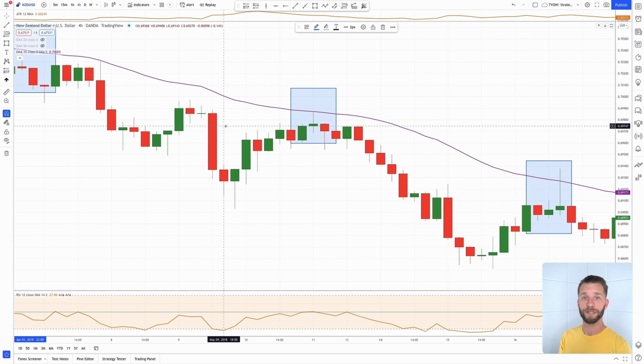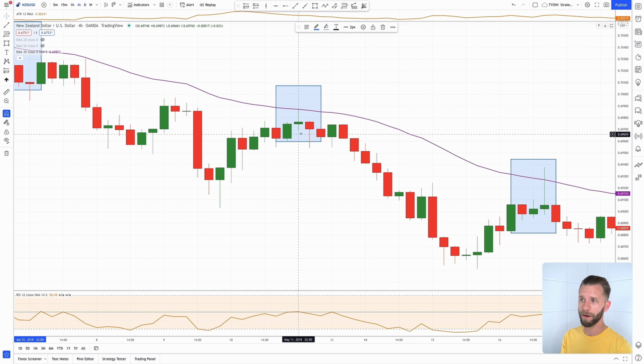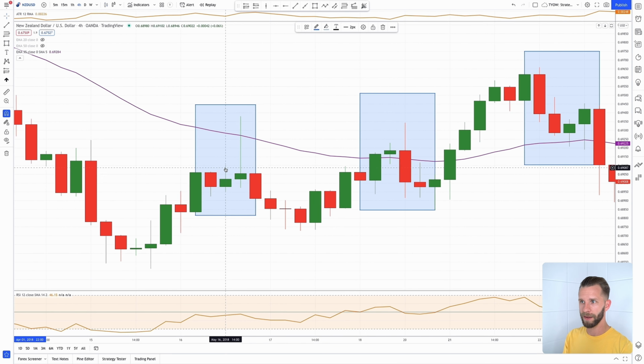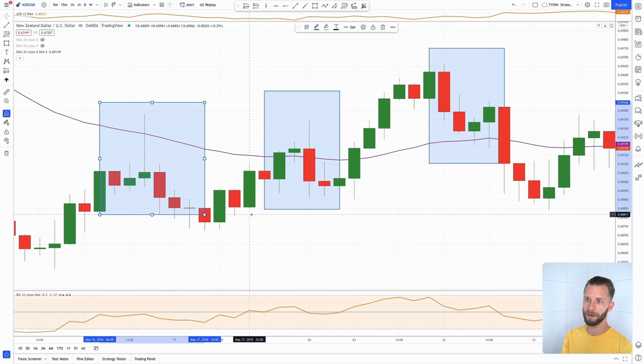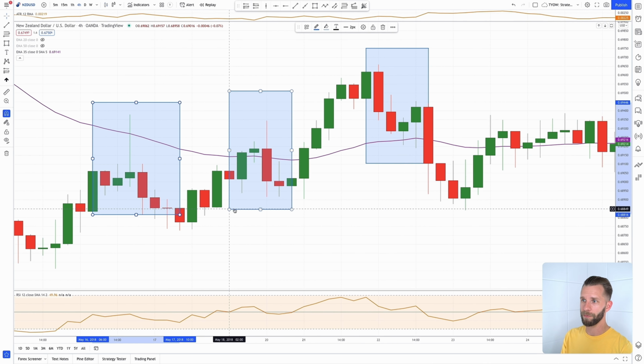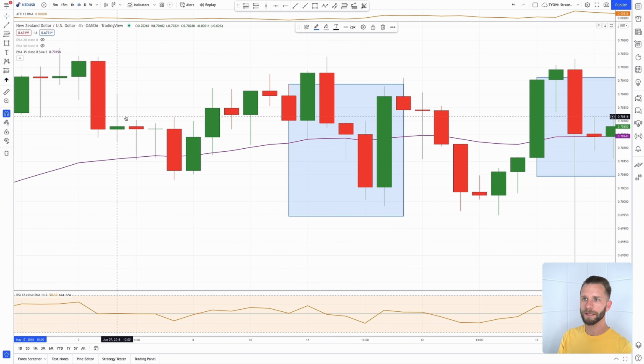If we're being very strict on rules, and we're requiring at least the second or the third candle to have the wick cross the EMA, this would be a valid entry. Same with this. This has quite a large wick cross, and that, although it doesn't look like it would be a successful trade, would be a valid entry. This is an interesting point.